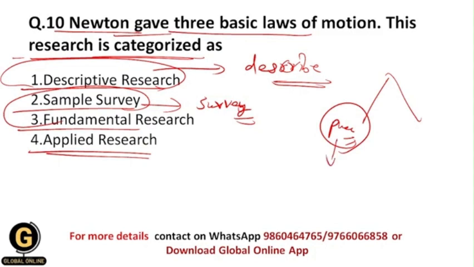Here we formulate a theory, and there is no kind of generalization. In applied research we solve immediate problems. There is generalization, and here we use the laws from fundamental research to solve immediate problems. So these are the 2 basic differences between fundamental and applied research.